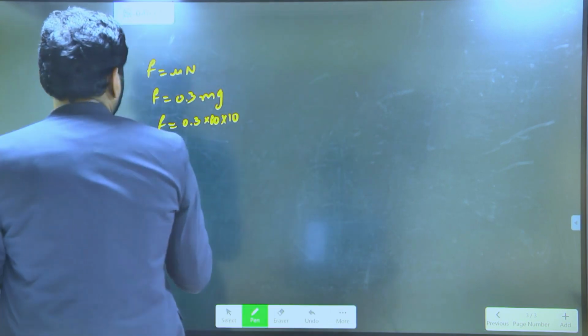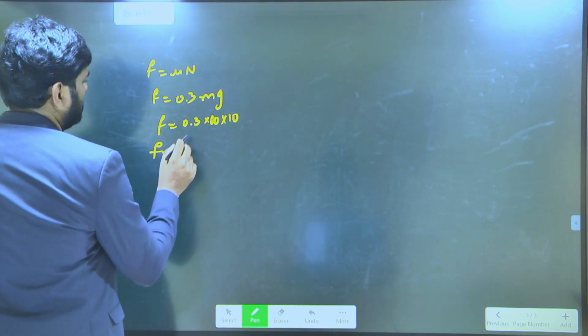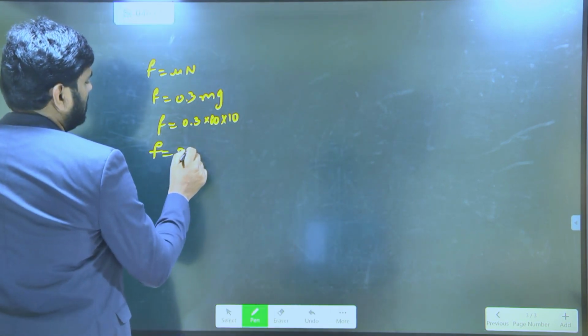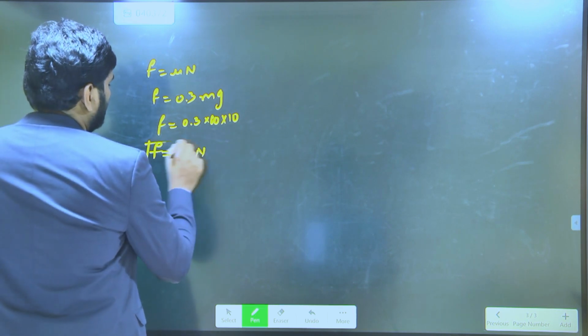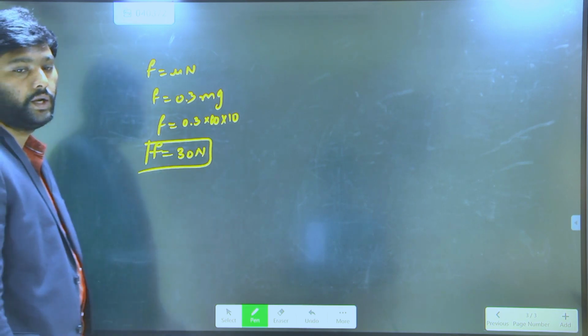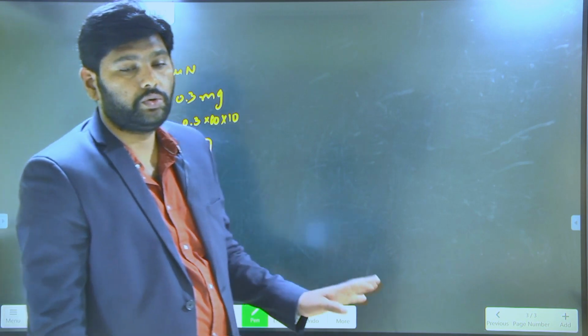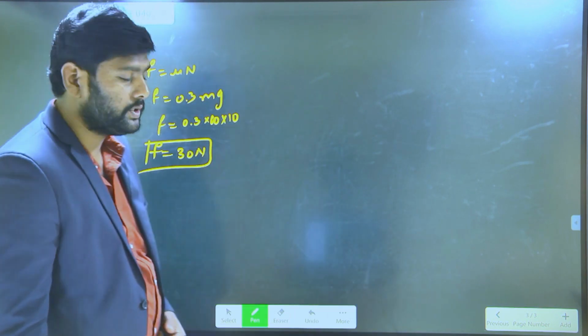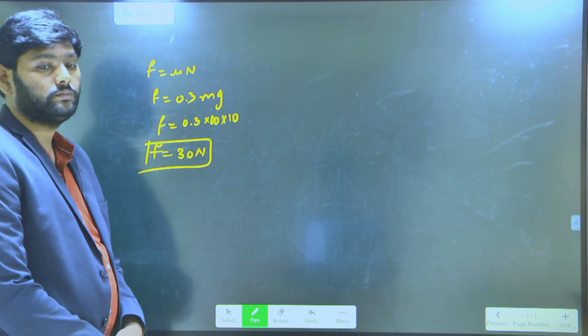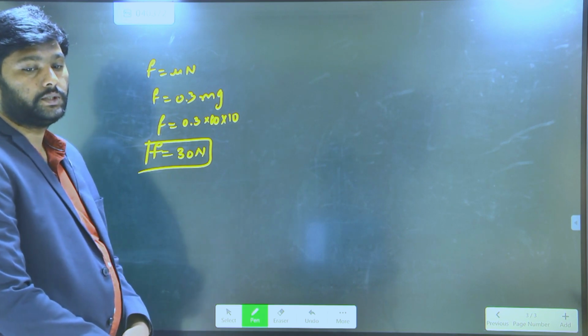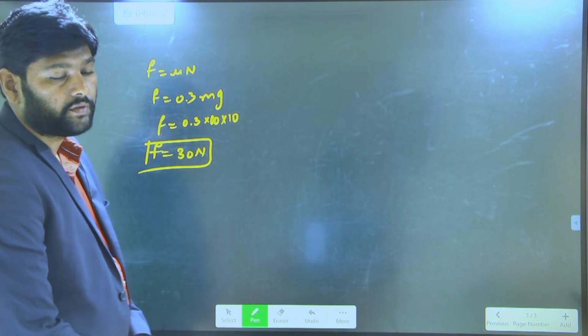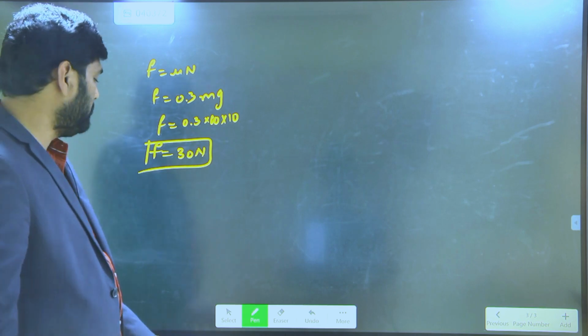F is equal to 30 Newton. This 30 Newton force is required to keep the object in uniform motion. Note down.